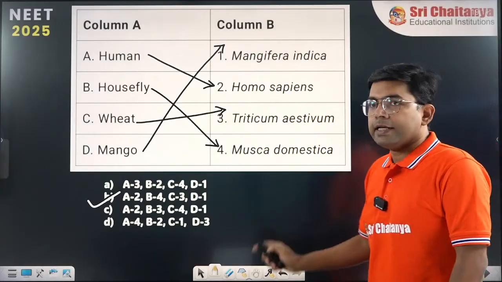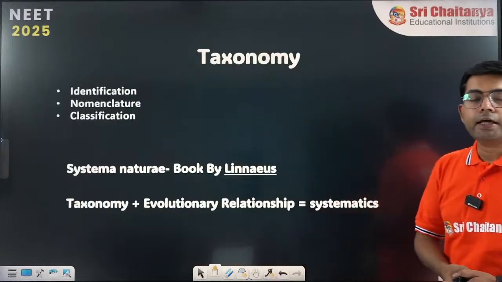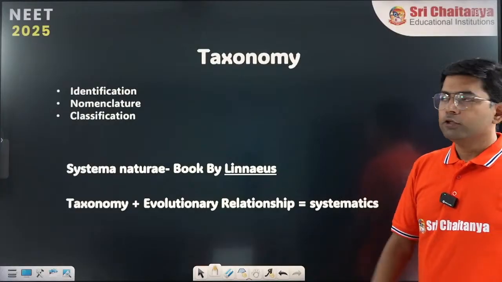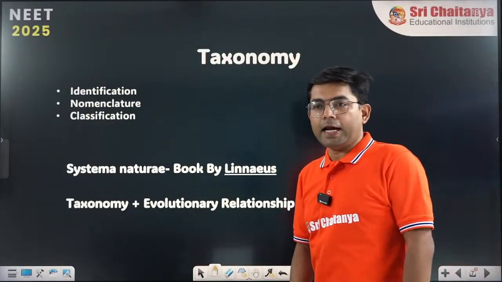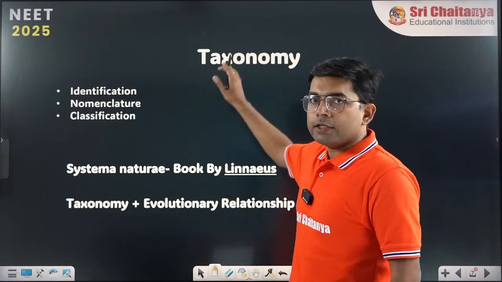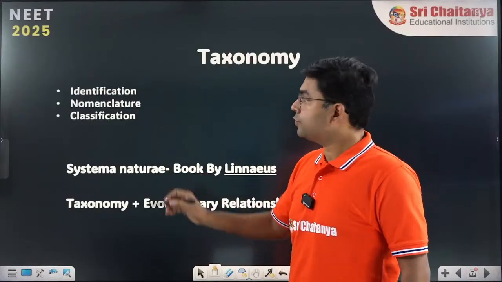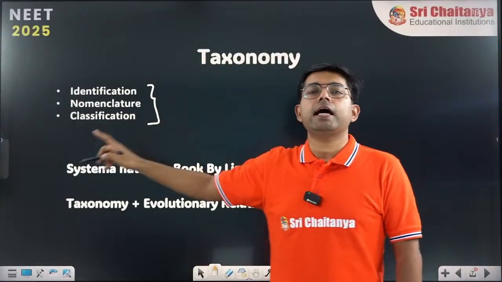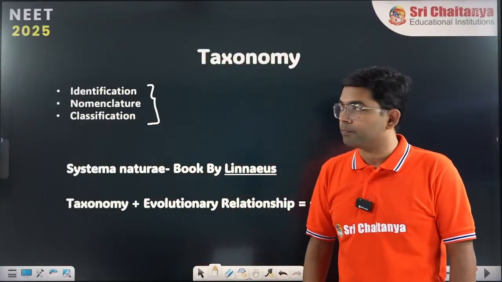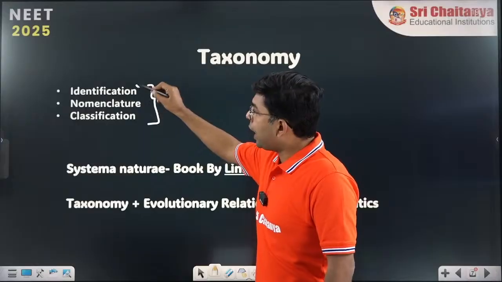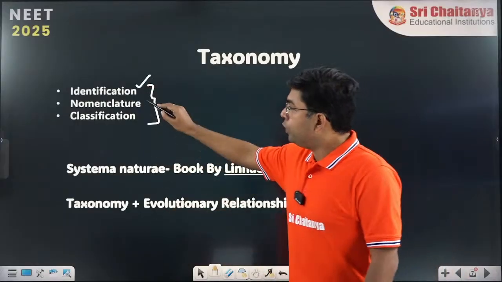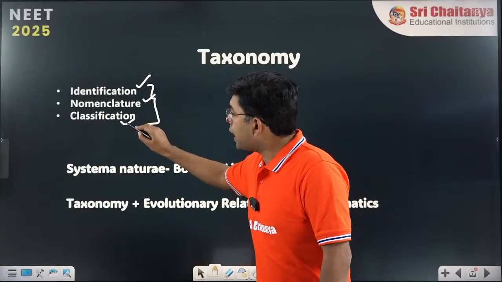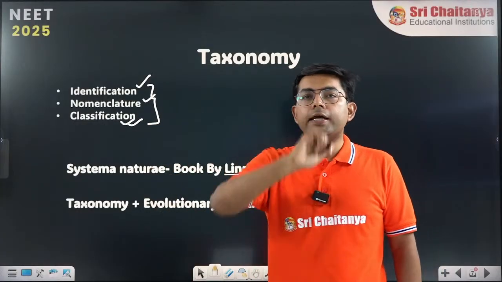Now, the next thing which we covered yesterday was again important, and that is taxonomy. In taxonomy, we have seen that it is a branch of biology which deals with identification, nomenclature and classification of living organisms. We identify, do the binomial nomenclature, and then classify them according to their characters.